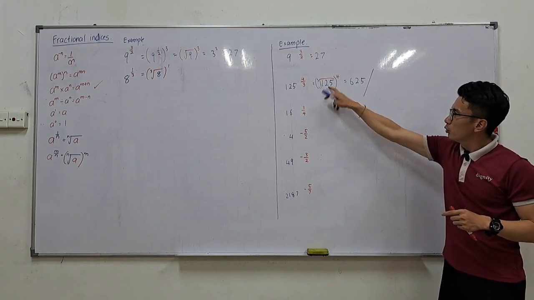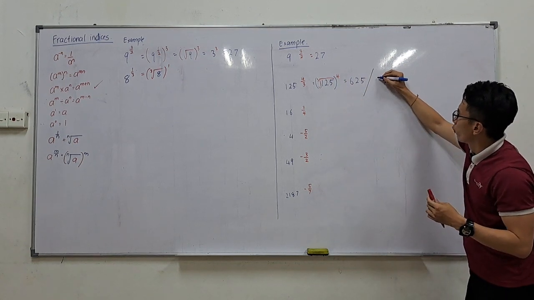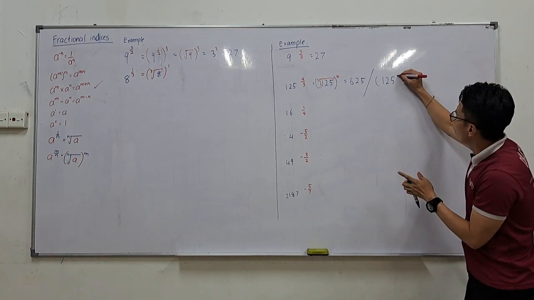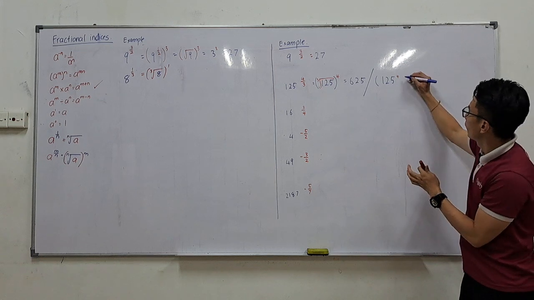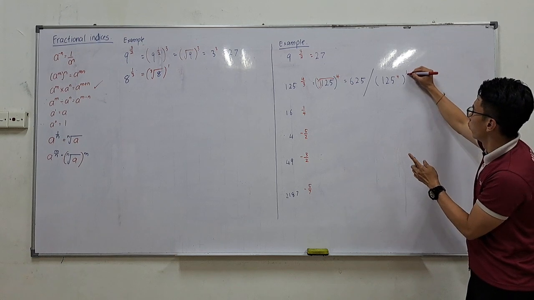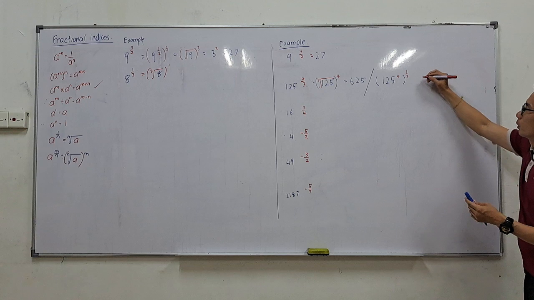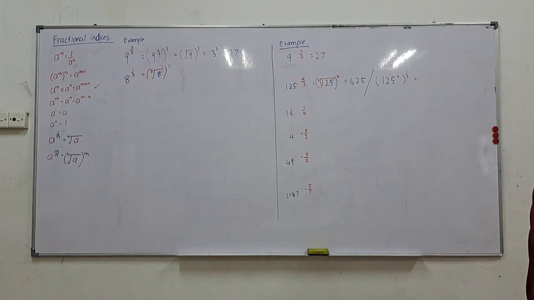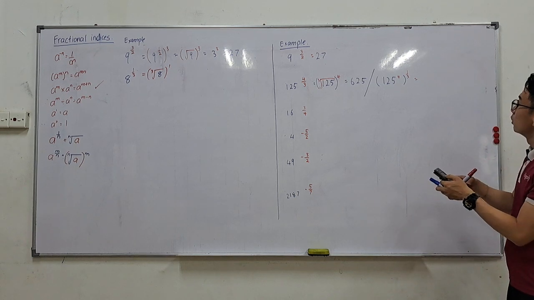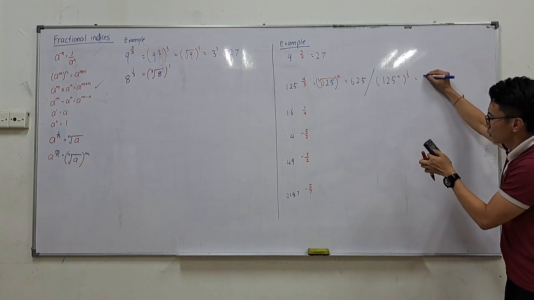Instead of taking the cube root first, I will raise 125 to the power of 4 first, and then only then, I will raise this to the power of 1 over 3. This basically means cube root, right? So what do I get over here? So 125, if you raise it to the power of 4, you actually get a very huge number, which is this one.